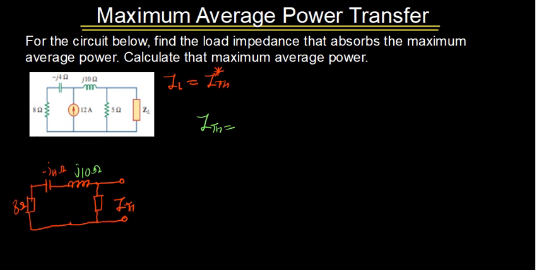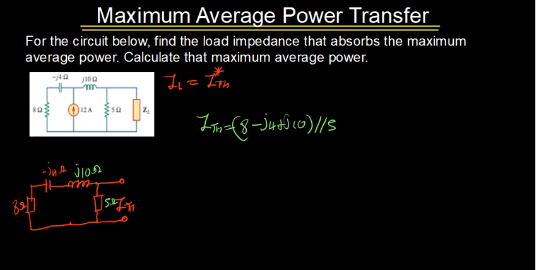These three are in series, but in parallel to the 5 ohm resistor. Here's how we put it: the 8, then minus j4, plus j10, in parallel to the 5 ohm resistor.